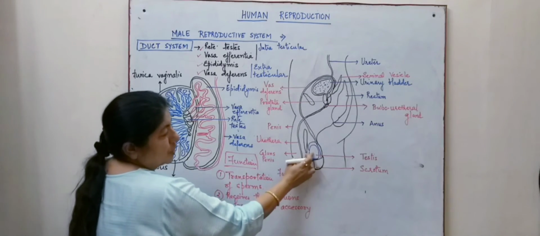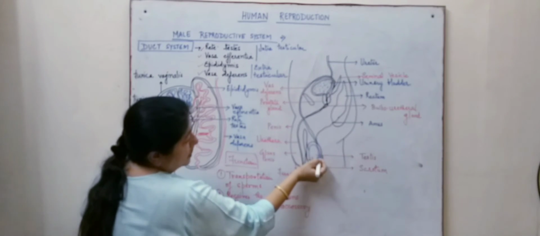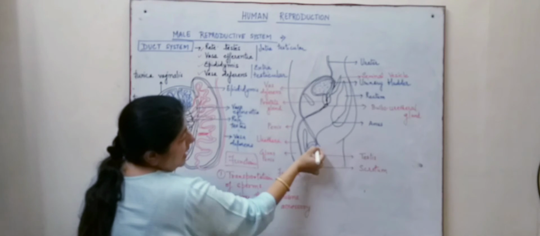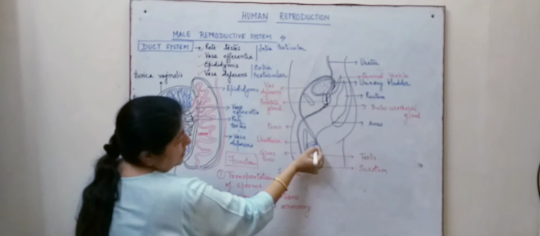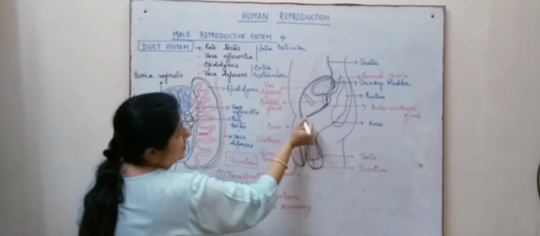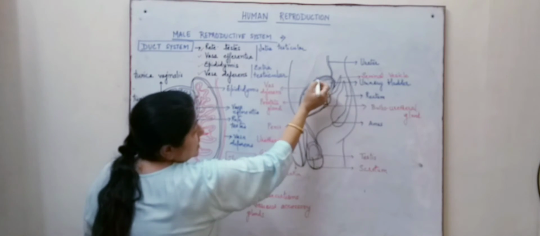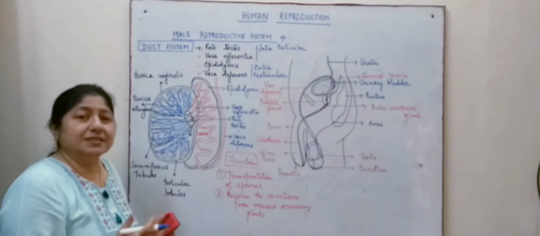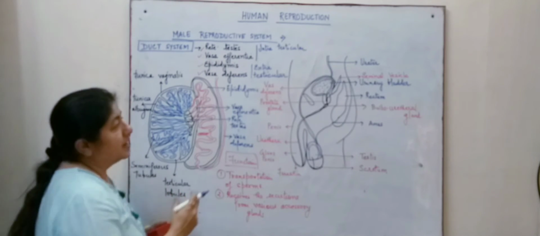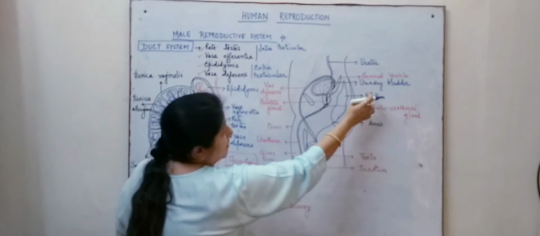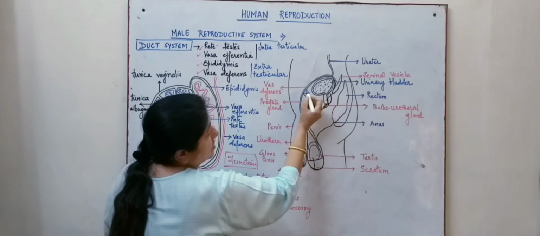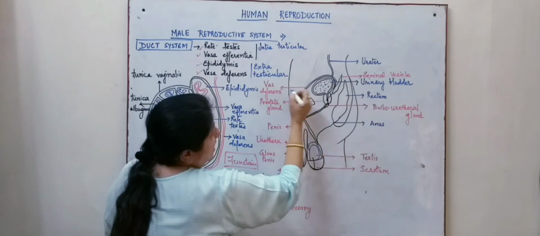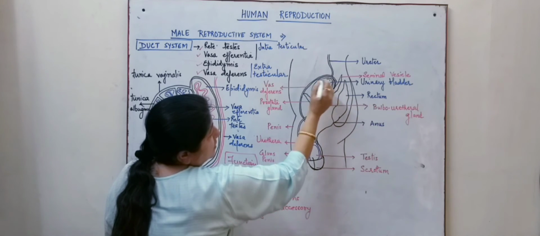This is the testicle. From here this is the epididymis, and from the epididymis this is the vas deferens. This vas deferens carries the sperms and the secretions of the glands, because the prostate gland and the seminal vesicle pour their secretions into the vas deferens.